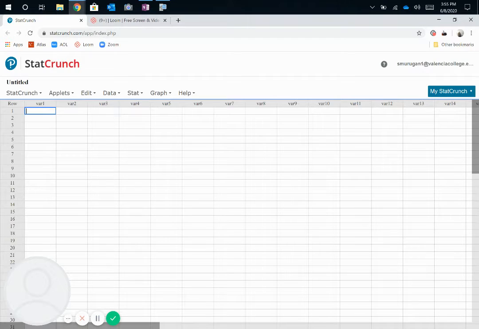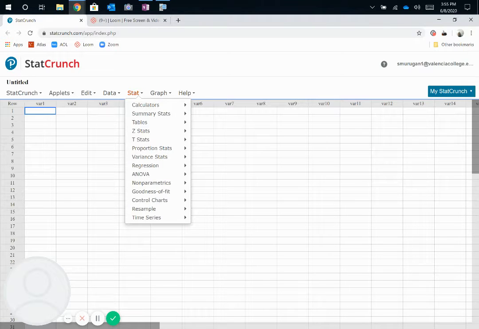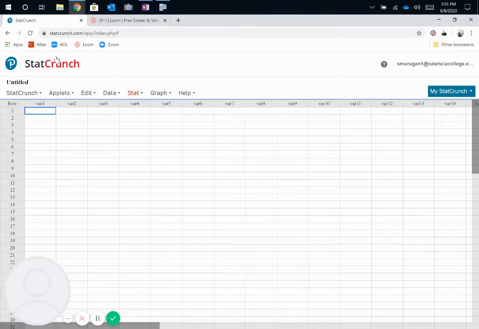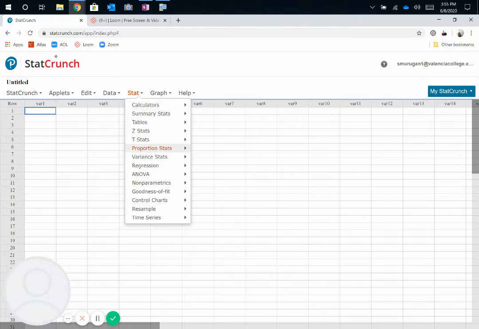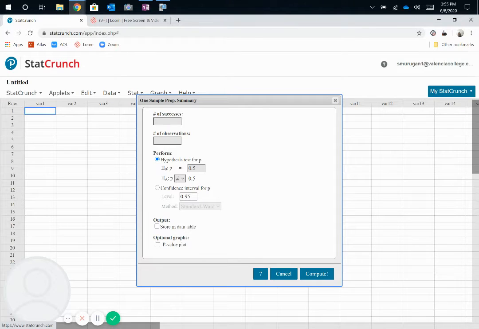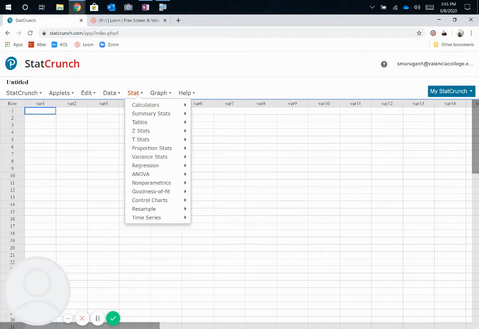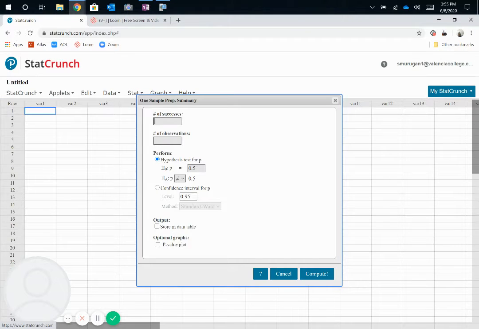All right, so to do this, you press the Stat button, Proportion Stats, One Sample with Summary. I'll do that again for you. Stat, Proportion Stats, One Sample with Summary.